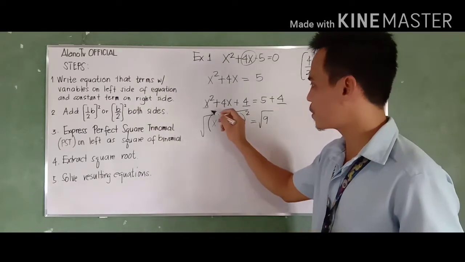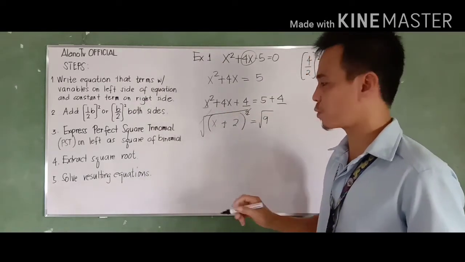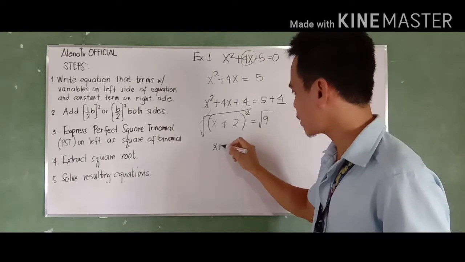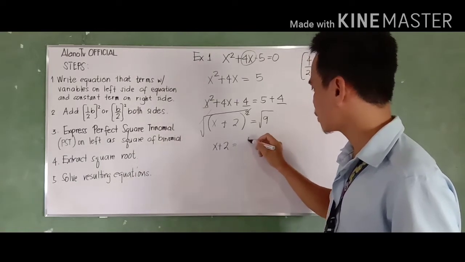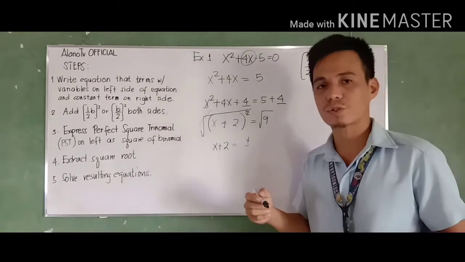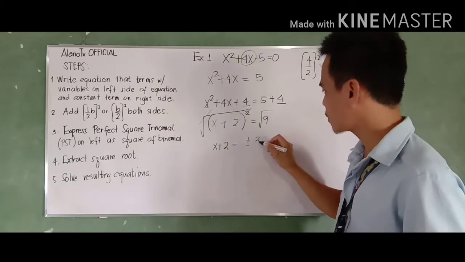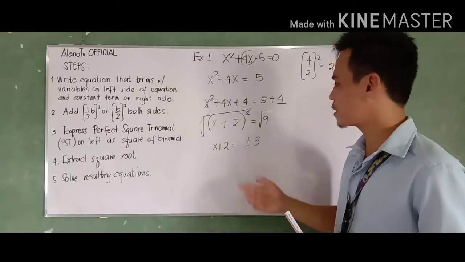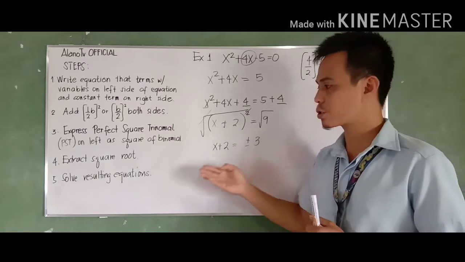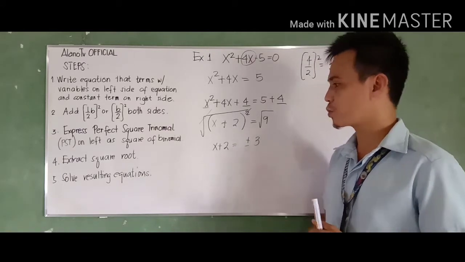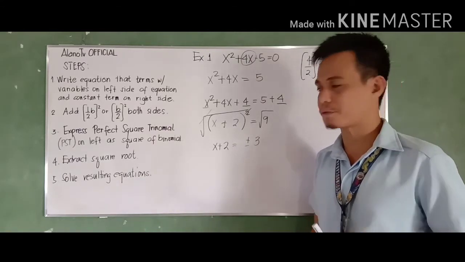Okay? So therefore, eliminating the radical sign and square, we have x plus 2 is equal to positive, negative, the square root of 9 is 3. Okay, there you have it. Our resulting equation.